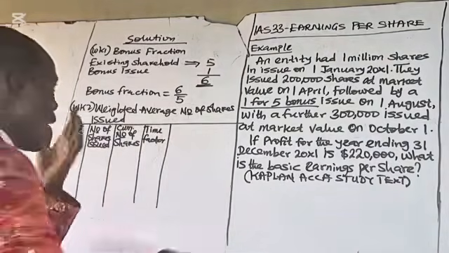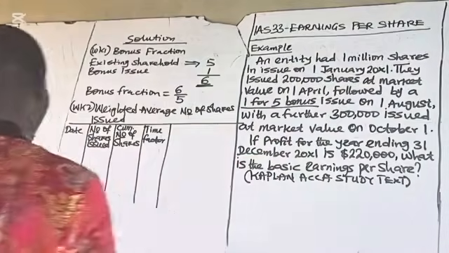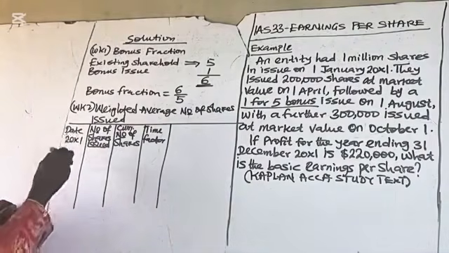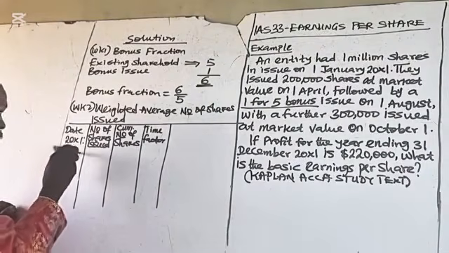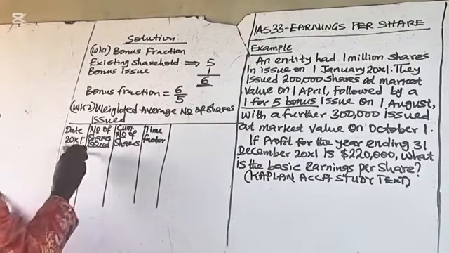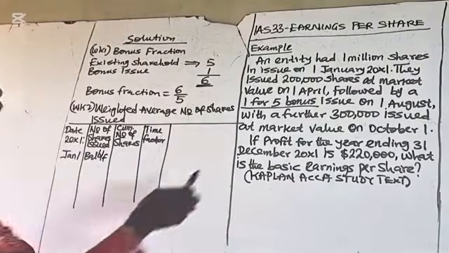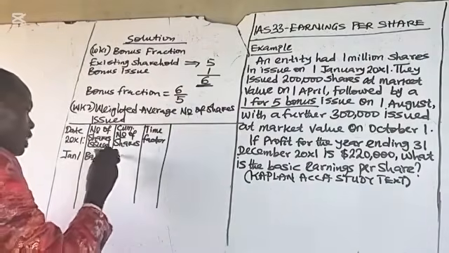Now, you were told an entity had 1 million shares in issue on 1st of January 20X1. The year in question is year 20X1. So on the 1st of January, the shares the entity had is 1 million shares.